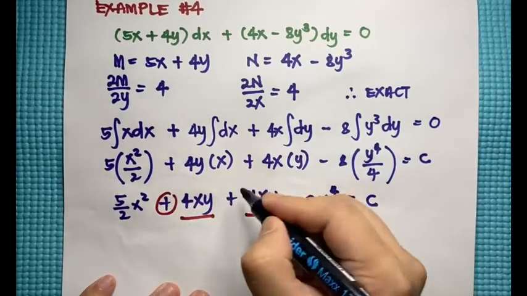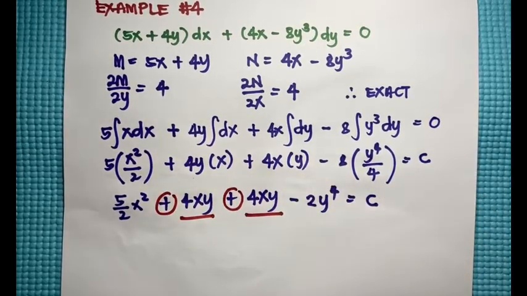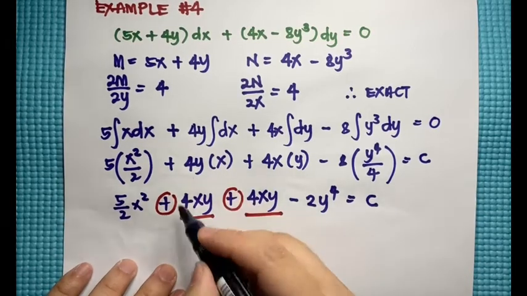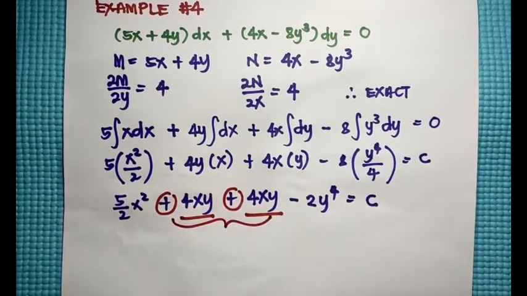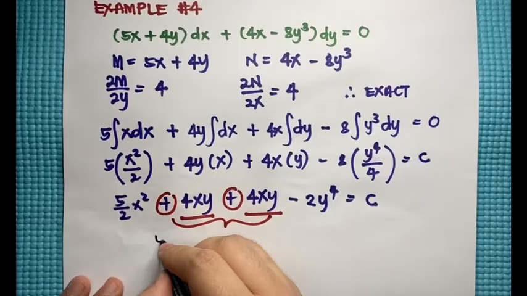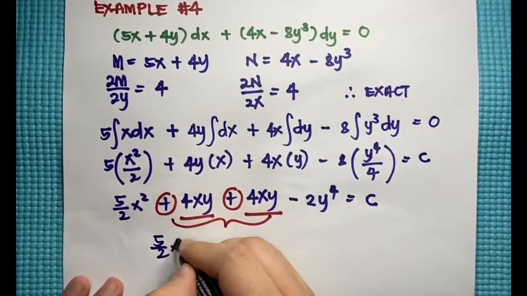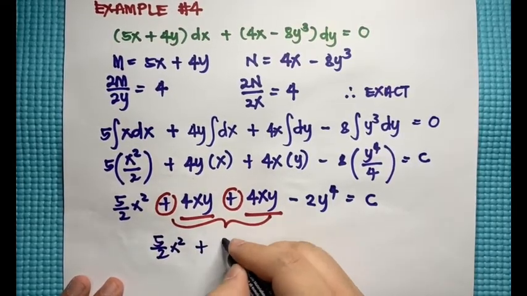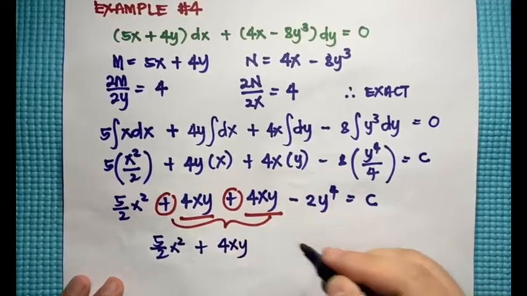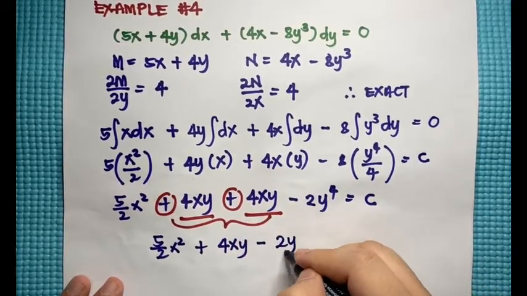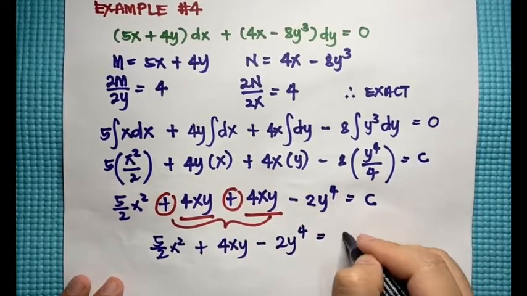This is positive as well. If the two terms are exactly the same, those two terms will be grouped as one. And that would give us 5 over 2 x squared plus 4xy minus 2y to the 4th is equal to c.